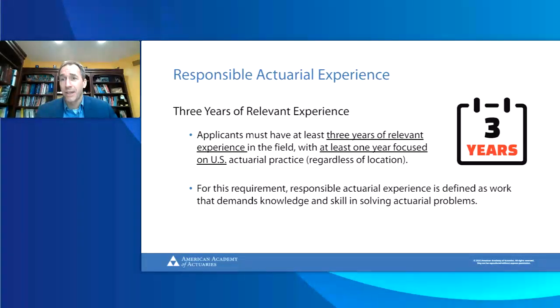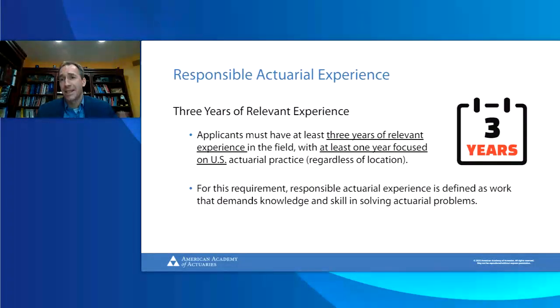And the specifics of this experience requirement are that applicants would be expected to have three years of relevant actuarial experience, at least one of those years focused on U.S. actuarial practice. And that second part is really solidifying the requirement for people who perhaps have just started working on U.S. related matters.